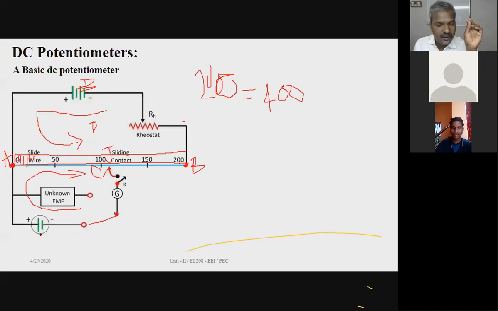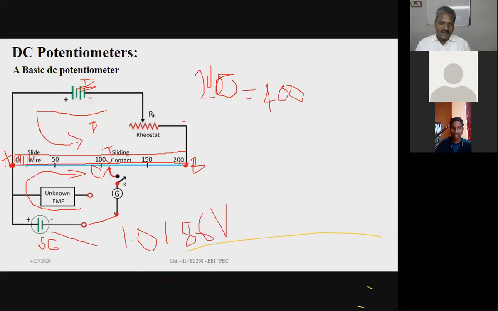This is called the standard cell. Normally, in industry as well as in laboratories, the standard cell we consider is the Weston cadmium cell. Please remember the Weston cadmium cell, whose EMF is 1.0186 volt.